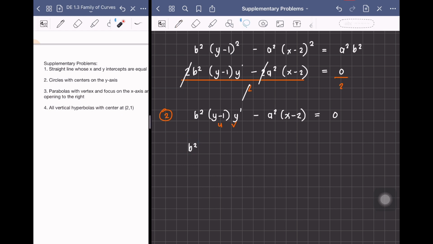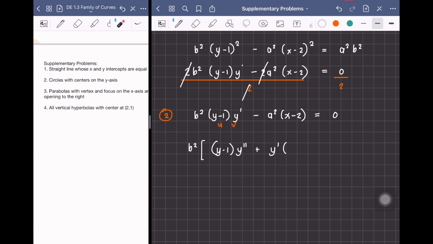So what we do, we have b squared multiplied to, let's put brackets, multiplied to the derivative of u times v. So copy u, that's y minus 1, times the derivative of v, that's y double prime, plus v, that's y prime, times the derivative of y minus 1.